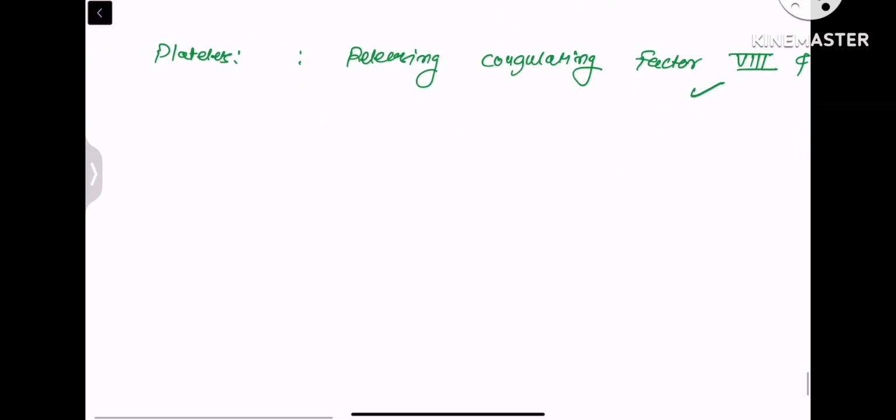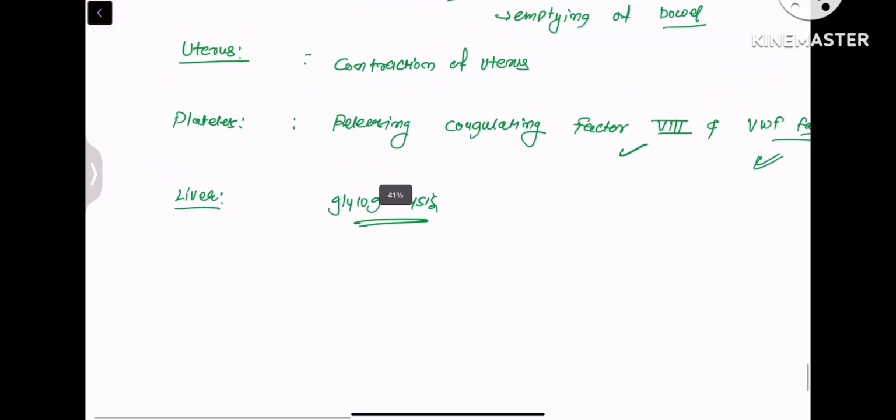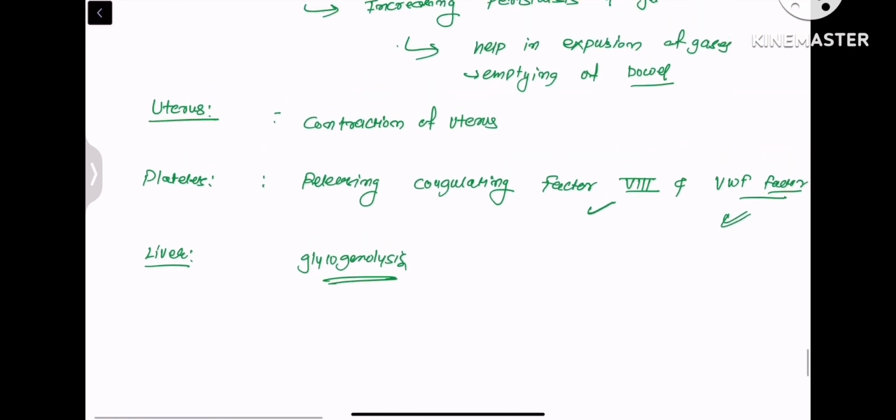Now in the liver, it causes glycogenolysis. So here we covered all the receptors, their subtypes, where they are present, and the general actions.